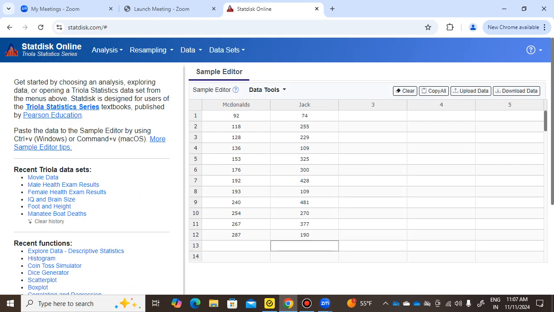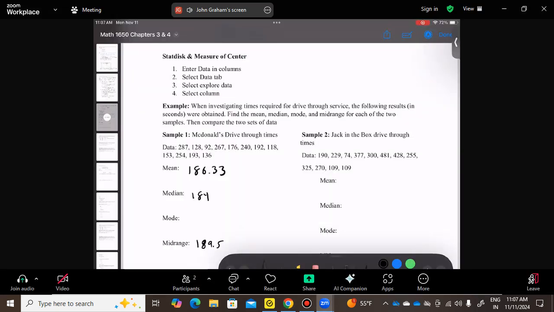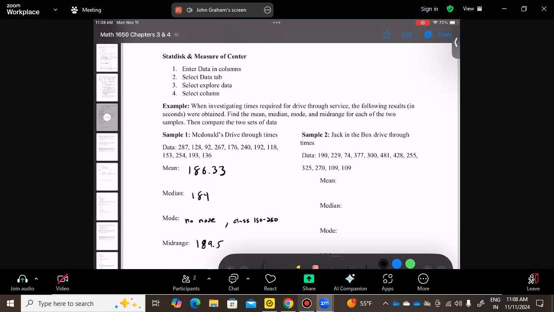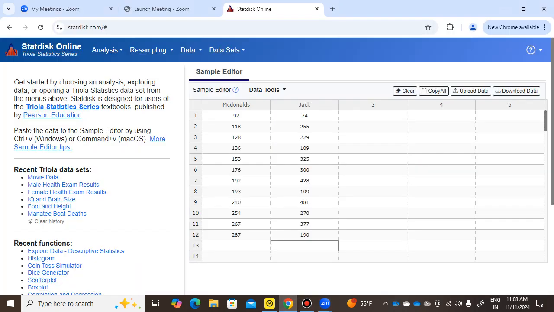Yeah, and nothing repeats. Right. So we can say no mode on this, or we can say the class 150 to 250. It's a large range for that, but it may make more sense looking at it that way. But let's look at Jack in the Box now.